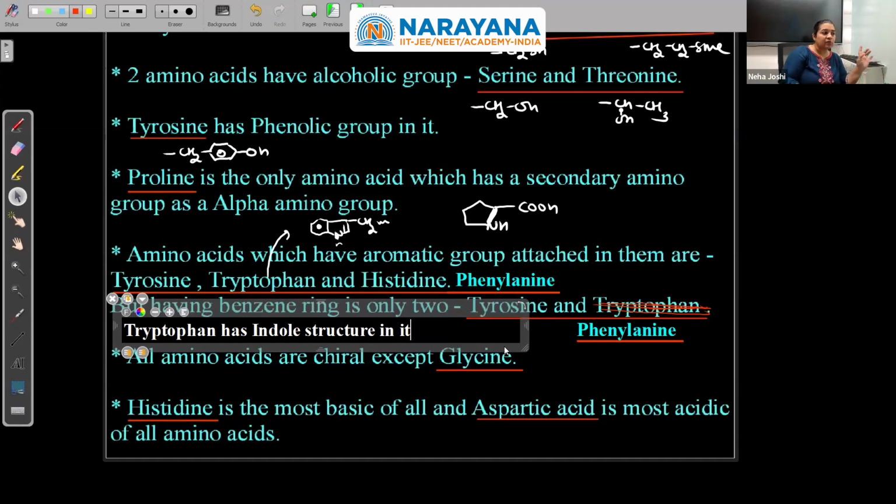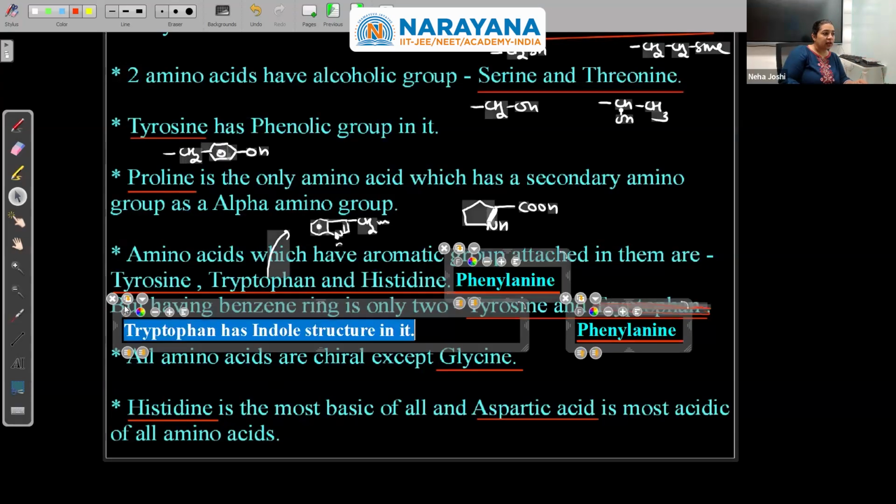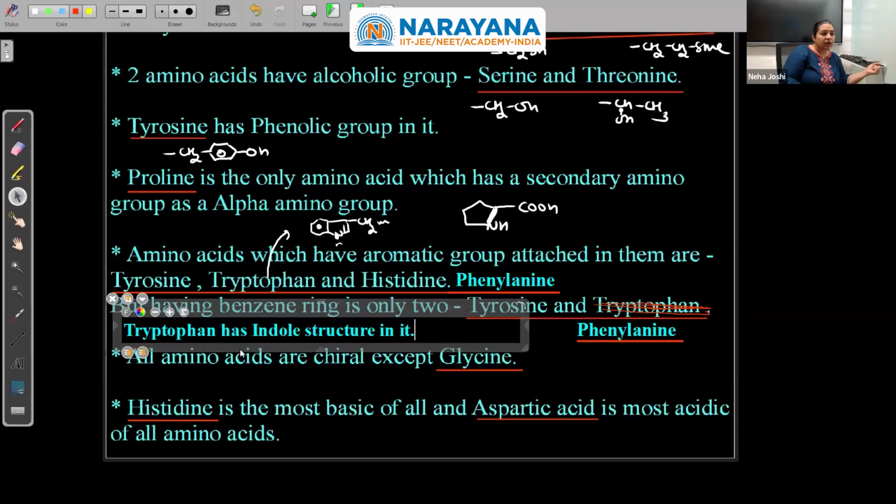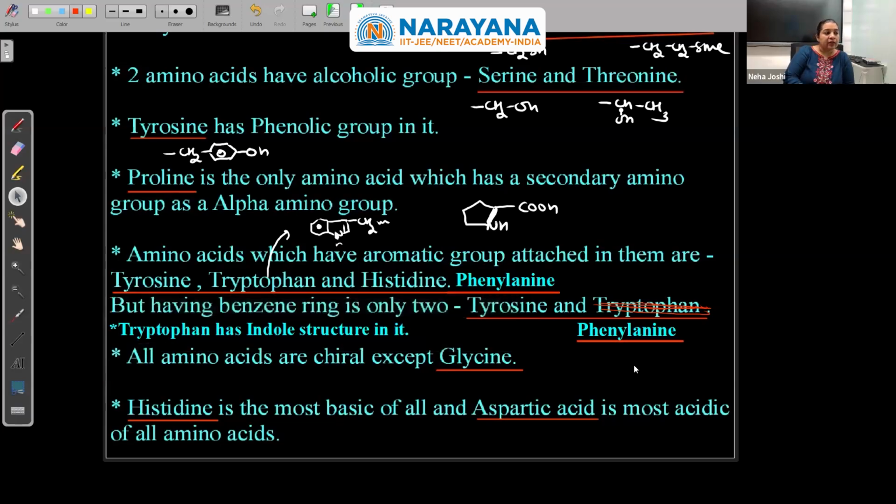So I cannot call it purely benzene. I can't call it absolutely a benzene structure. Is that clear now? Why I didn't want it to be there in that list? Is that perfectly fine to all of you? So I'm adding this line here: has indole structure in it. Yes, it is aromatic, but it does not simply have benzene, we cannot say that, it is indole.